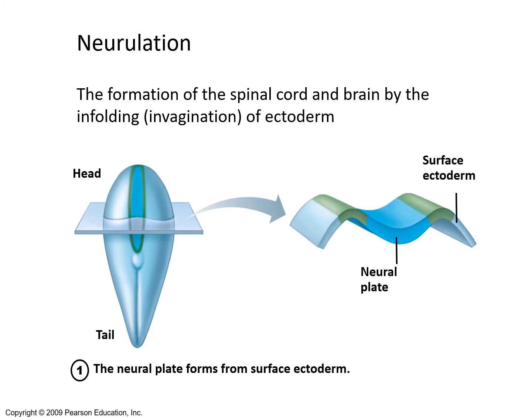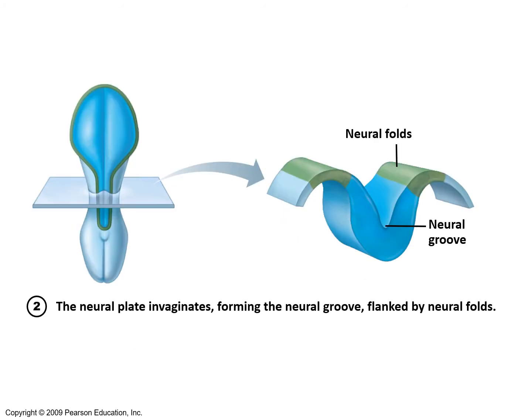The neural plate, shown in blue, is the part that's going to bend over and form the neural tube. We have a crest on either side of the groove. That's shown in green here, and this is known as the neural crest. Here you can see that the groove has deepened and the anterior part of the groove has widened considerably.